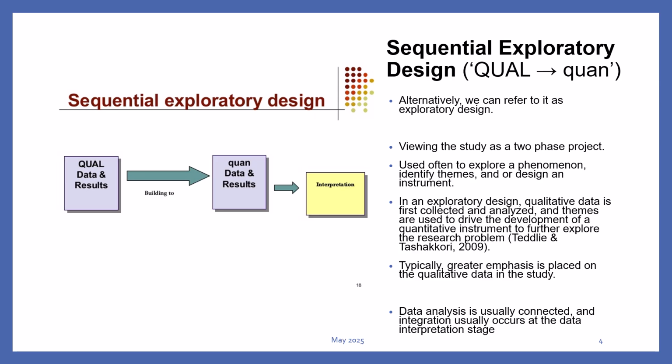Again, as we mentioned in the previous lecture, one of the key elements in mixed method research is data linkage or data integration, comparing and contrasting the findings from the quantitative and qualitative phase. So again, integration of both the quantitative finding and the qualitative finding takes place at the data interpretation stage.